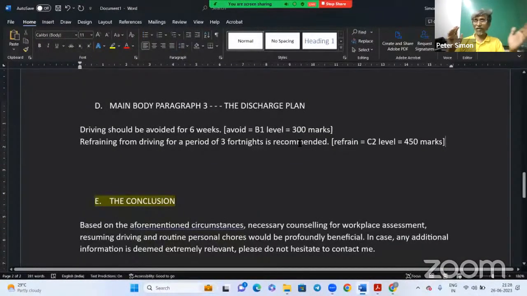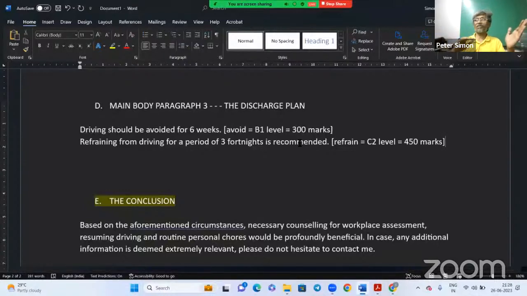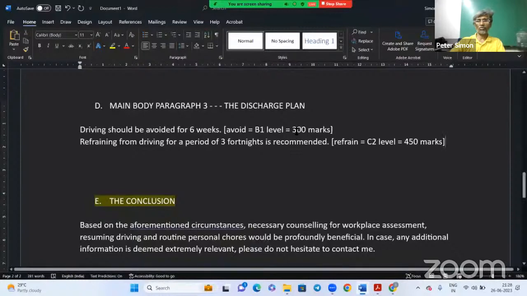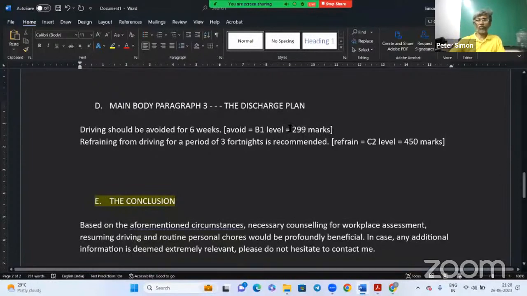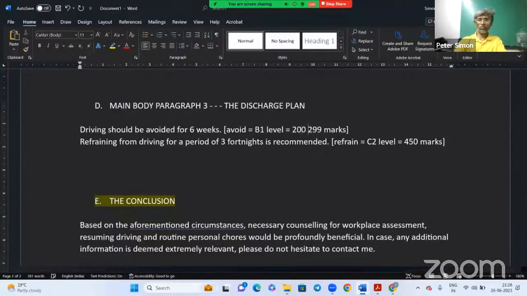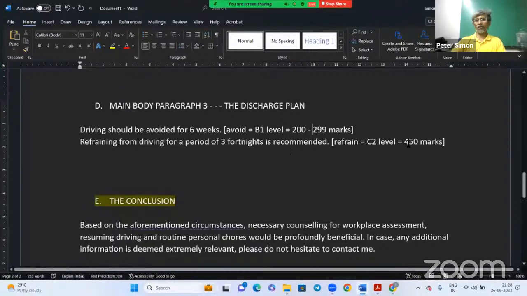A2 is 100 to 199. B1 is 200 to 299, so 299 marks maximum. C2 is 450 to 500 marks.